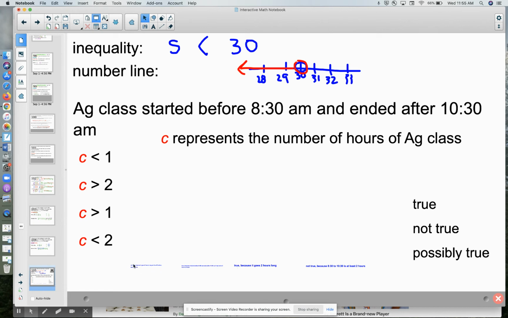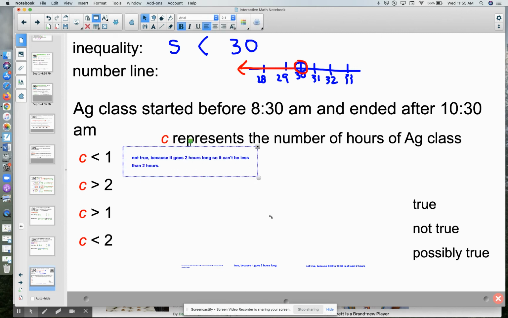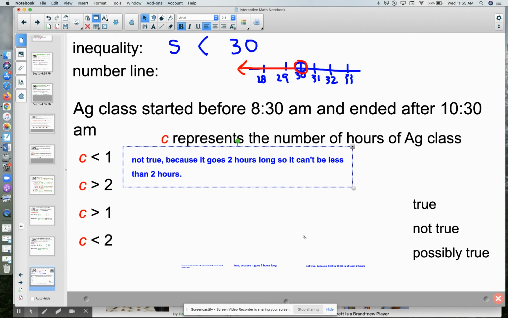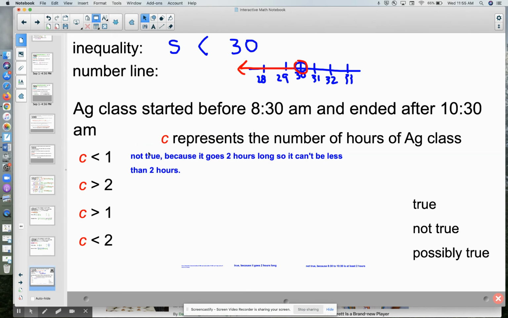So you think the class is less than 1 hour? I don't think it's true. Right? Not true, because it goes 2 hours long, so it can't be less than 1 hour. Is the class more than 2 hours?